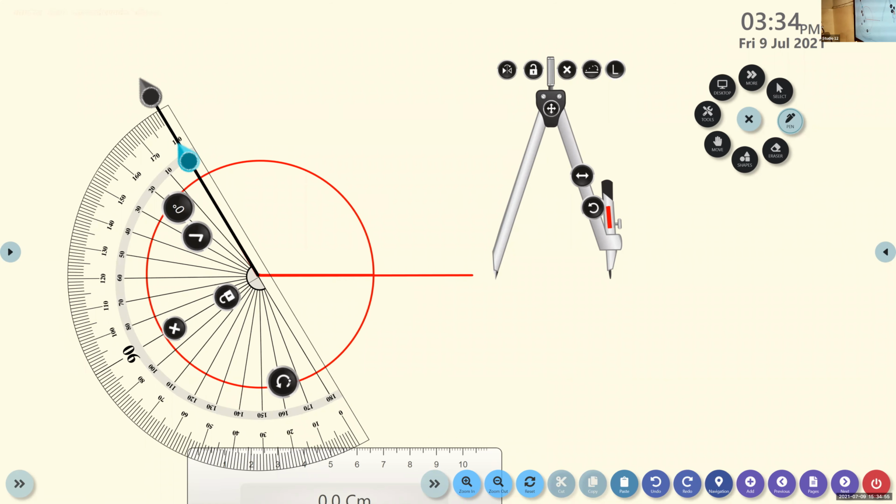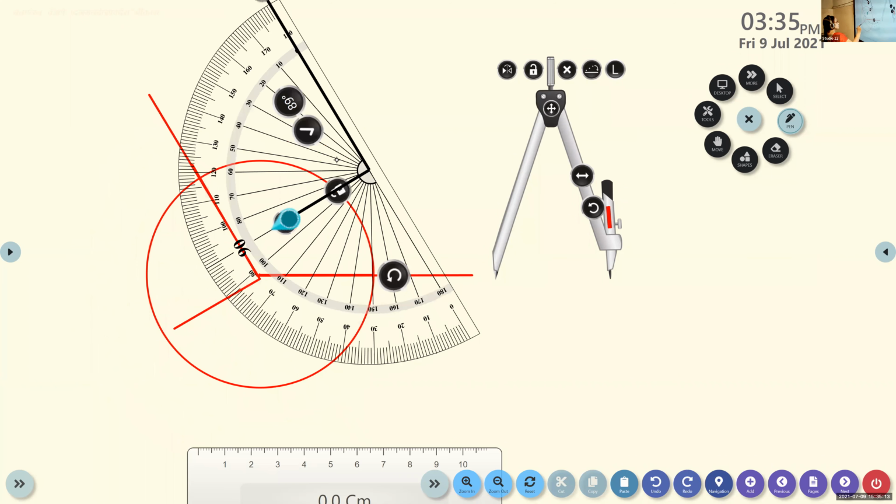Then second angle measure is 90. So from 0, 80, 90. Now I understood how to draw the lines only inside the circle.